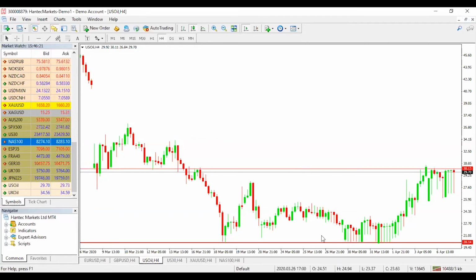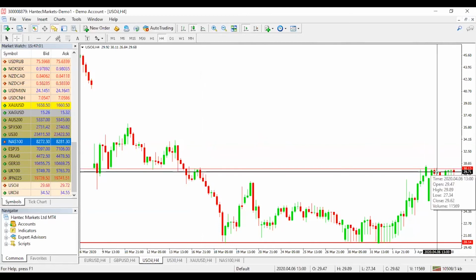Another thing that I use support and resistance for is drawing what I call channels, or what I call a range. What I mean by range is that you have a very top resistance and a very bottom support, okay? With this resistance, I'm showing that price has been here once, twice, 3 times, 4, 5, 6.